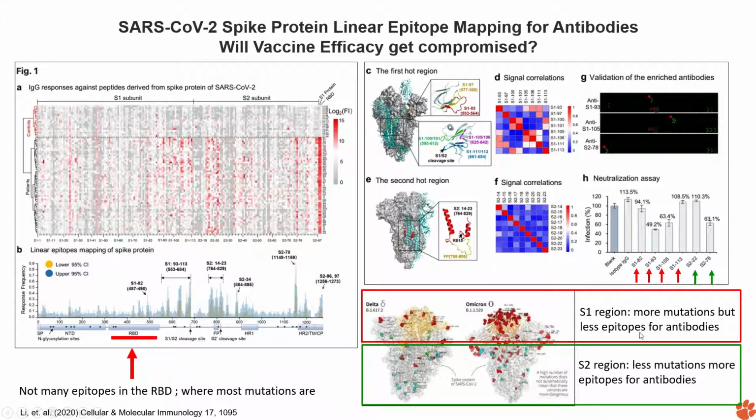So even if they don't bind to the receptor binding domain, the vaccines should still be pretty effective. Of course, if you have it from all over, that's better. Efficacy will probably drop, but hopefully we'll keep an eye on it.